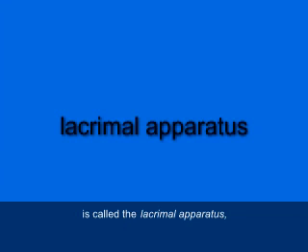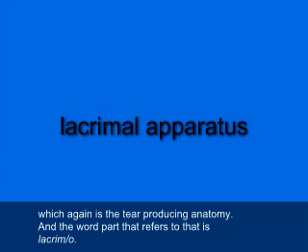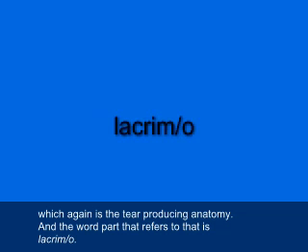And the general term for the tear-producing apparatus, all of the bits and pieces that relate to tear production, is called the lacrimal apparatus, which again is the tear-producing anatomy, and the word part that refers to that is lacrimo, LACRIM/O.